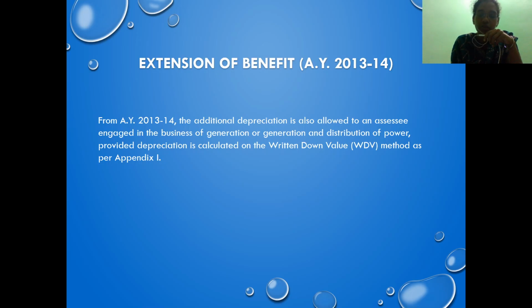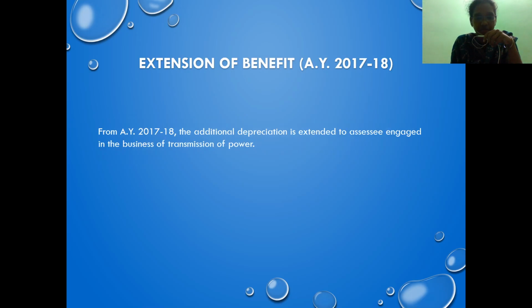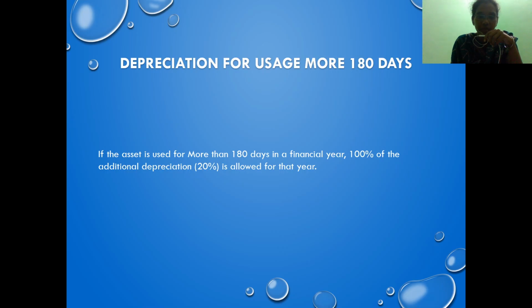From assessment year 13-14, the additional depreciation is also allowed for businesses which are into generation or distribution of power. And from 2017-18, this additional depreciation is also allowed for businesses which are into the transmission of power.